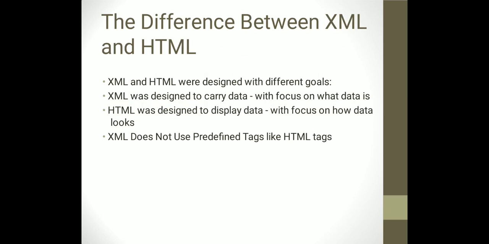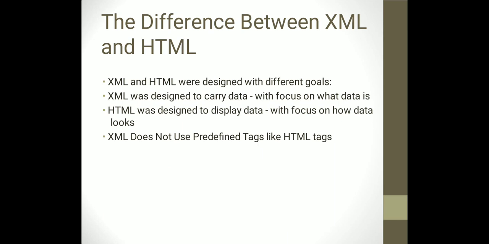Then we have seen HTML and XHTML. XML and HTML were designed with different goals. XML was designed to carry data, with focus on what the data is, and HTML was designed to display data, with focus on how the data looks.